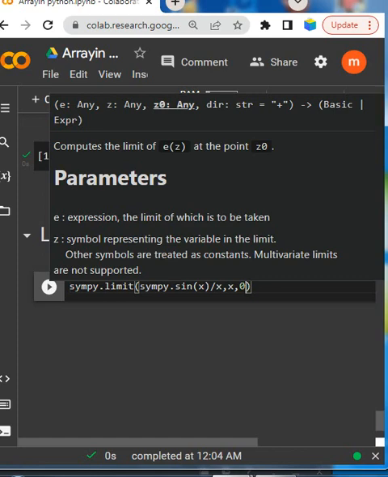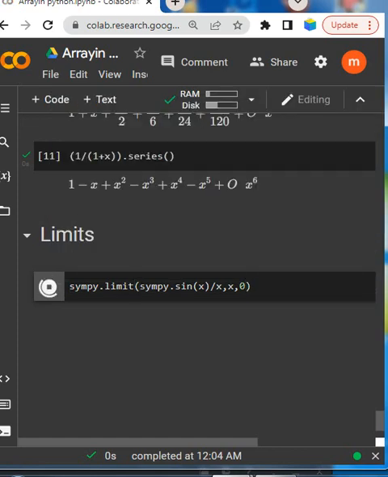So let's see what we get. Yes, it has worked. We obtained the well-known answer 1.